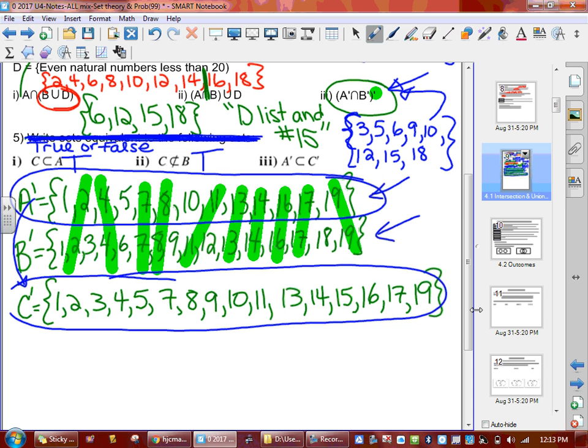So, we've got the number 1, 2, 4, 5, 7, 8, 10, 11, 13, 14 is the same, 16, 17, and 19. So is all of set A prime inside set C prime? Yes, it is, so it is also a true statement.